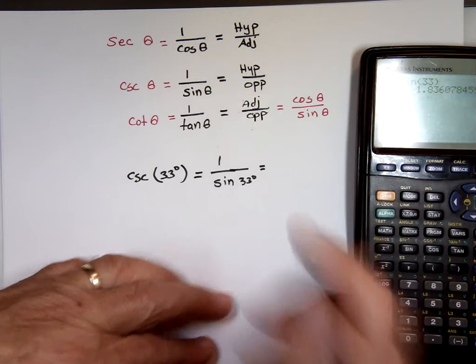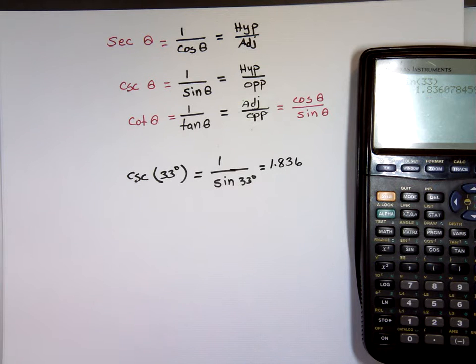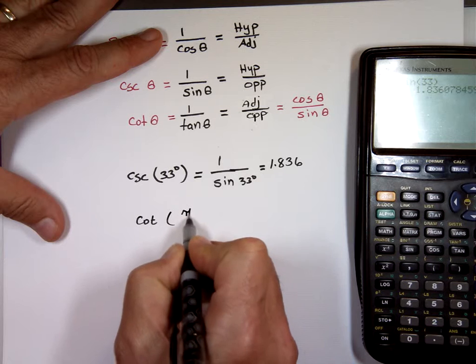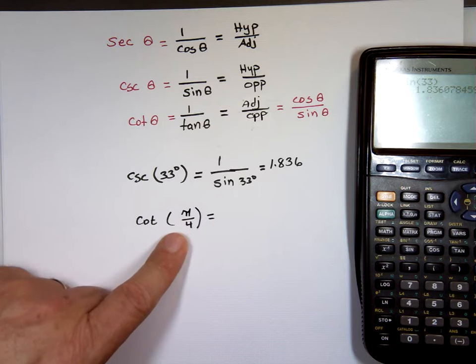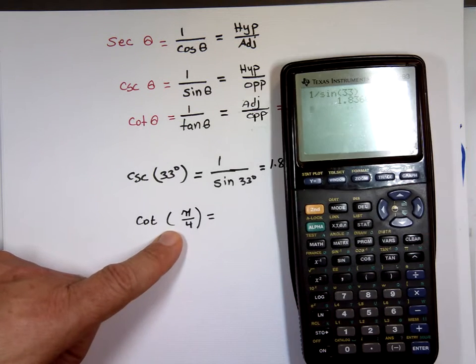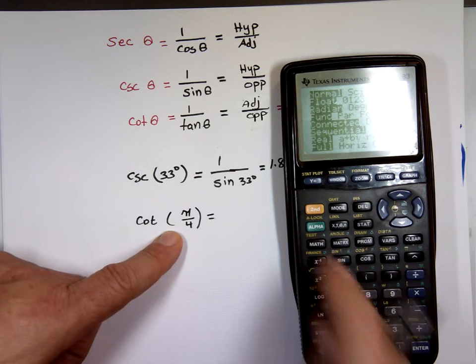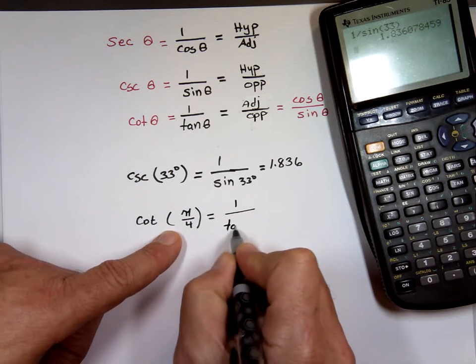$1.836, plus more digits, but that's plenty. If I said, what is cotangent pi over 4? Notice what mode I am in here. Radian. So I will go to mode first, change the mode, go back to radian. Now it's 1 over tangent pi over 4.